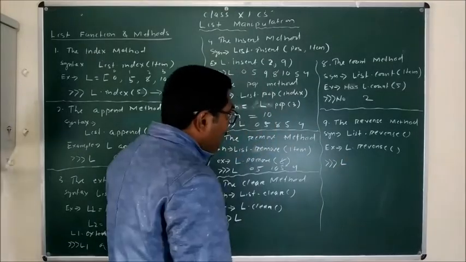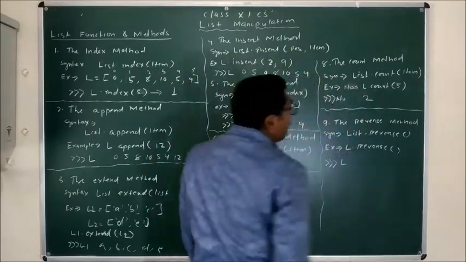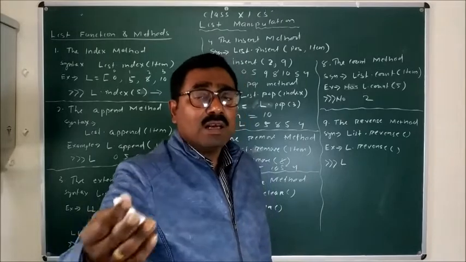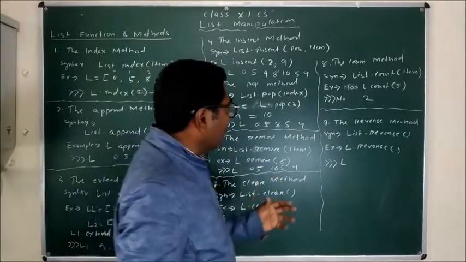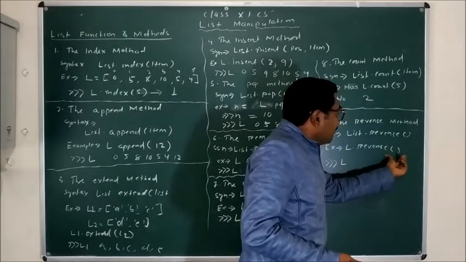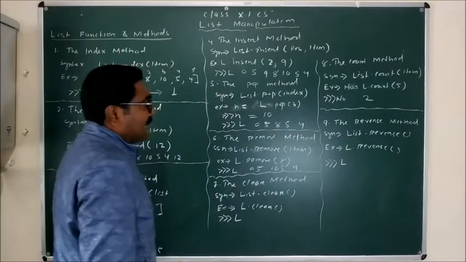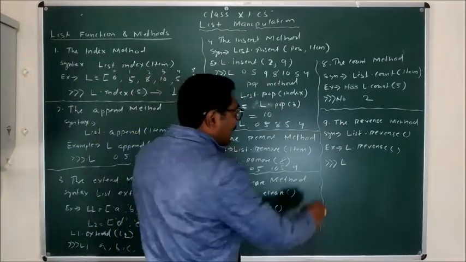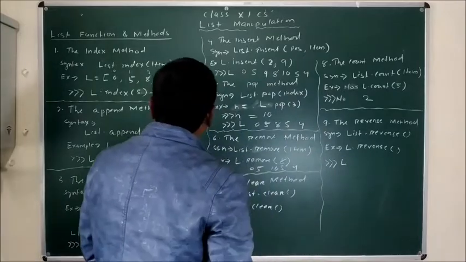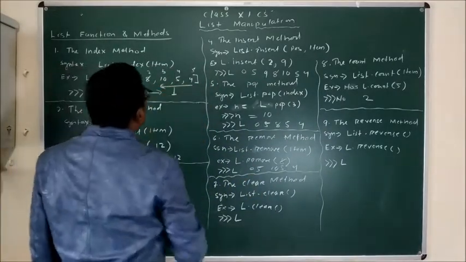Suppose we are writing L dot reverse. There is no requirement of a parameter here because it will process all the elements, so we simply leave the pair of parentheses. Now what happened here? L dot reverse, and after that I am displaying L. So whenever I display L, it will be displayed in a reverse manner.